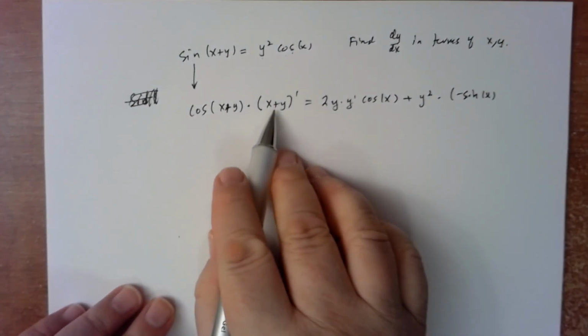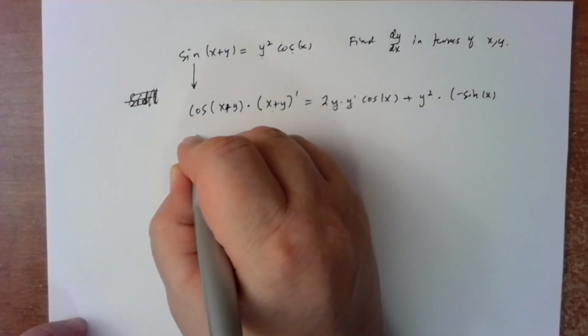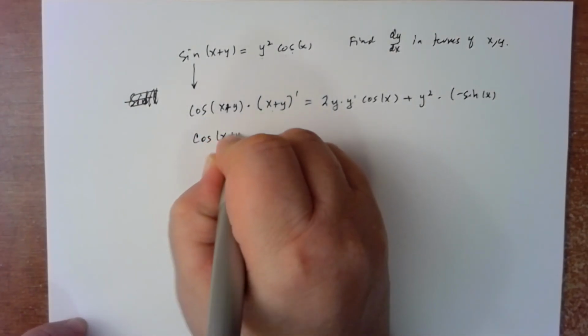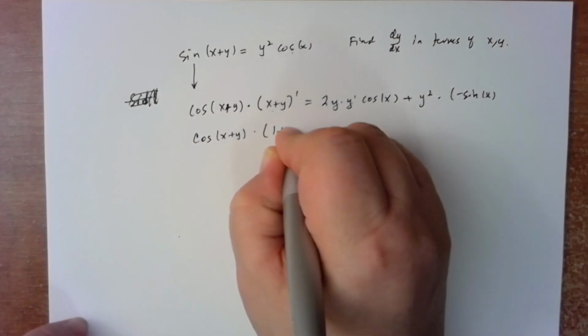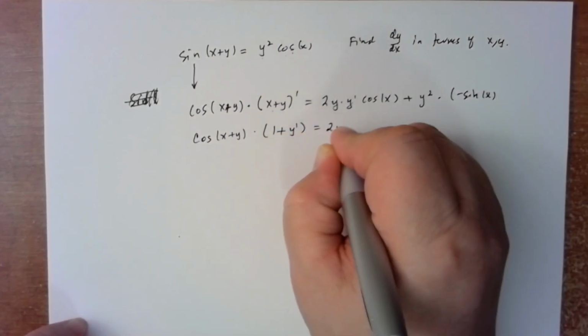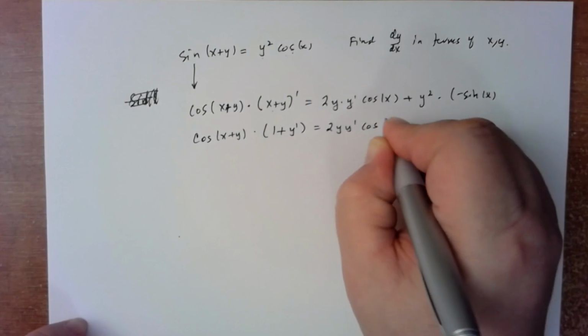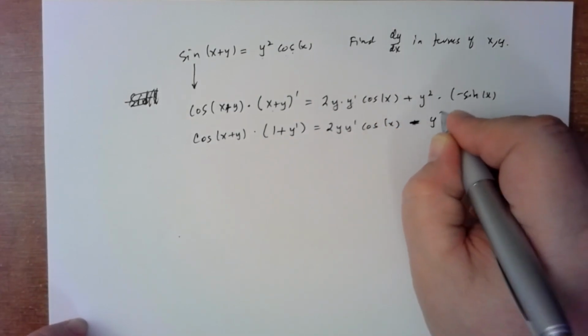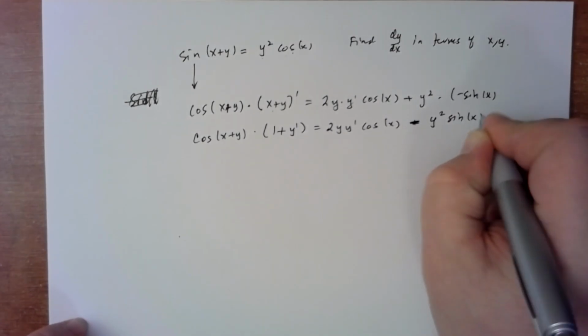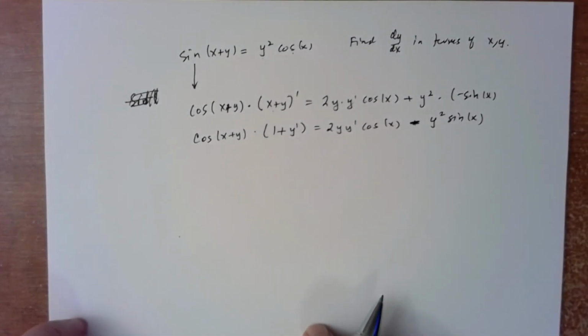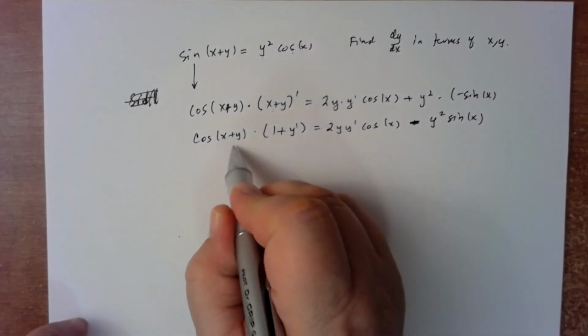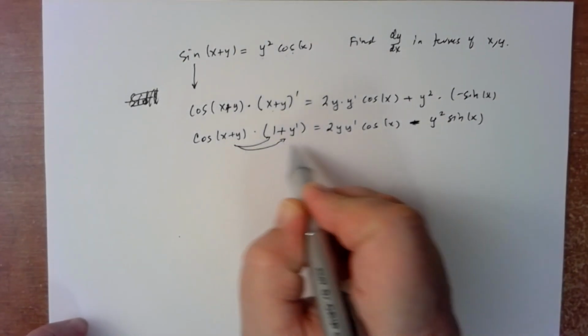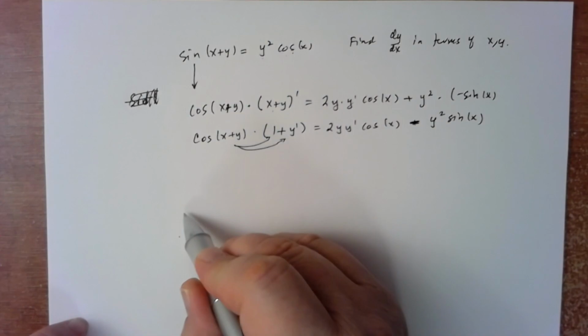Good. Now let's fill in this last one. We have cosine of x plus y times 1 plus y prime equals 2y y prime cosine of x, let's just bring the minus sign out there, minus y squared sine of x. Good. Now, lastly, you would want to distribute this through and then bring all the y primes together, right?